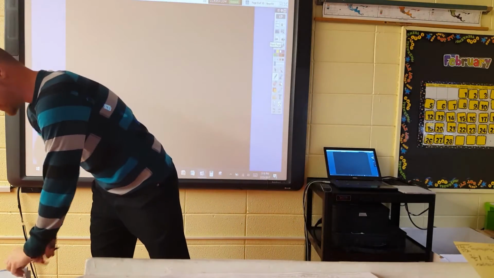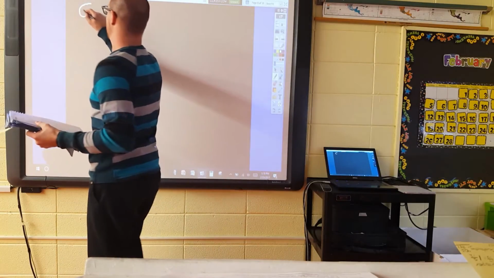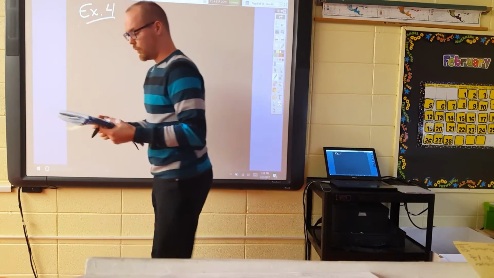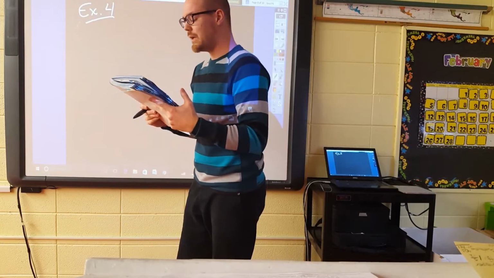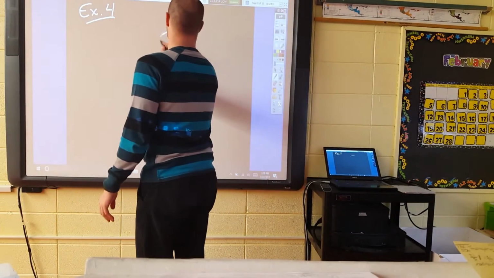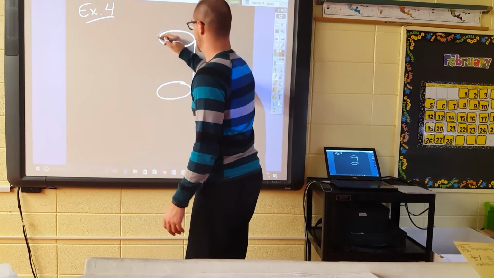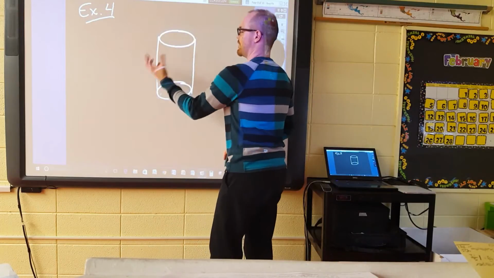Okay, I would like to do a practice problem. Nope, looks like we have one more example. Sorry. Example 4 says name this shape and identify its congruent parts. It's got a circle on both the top and the bottom, connected with a rectangle.